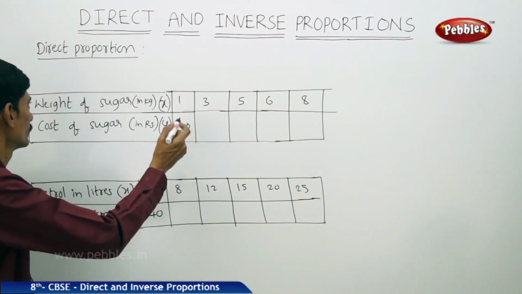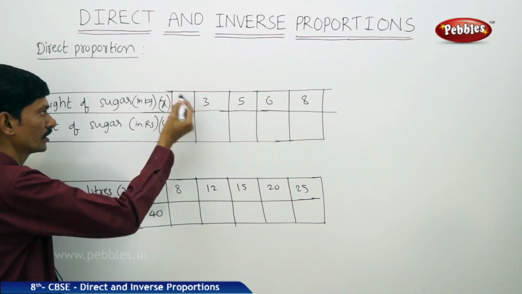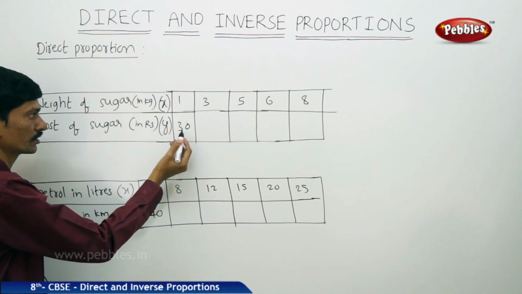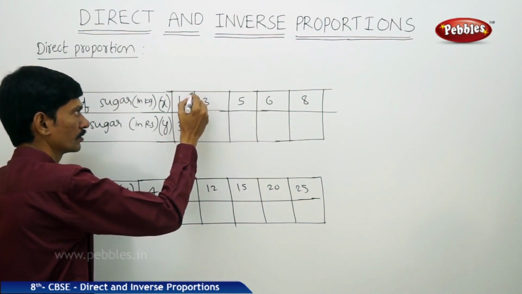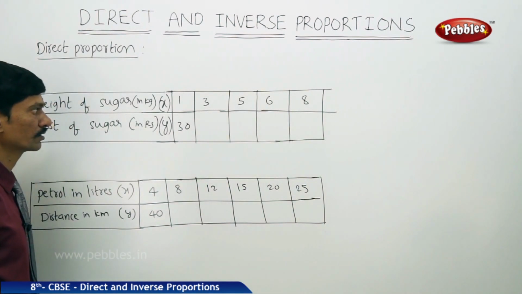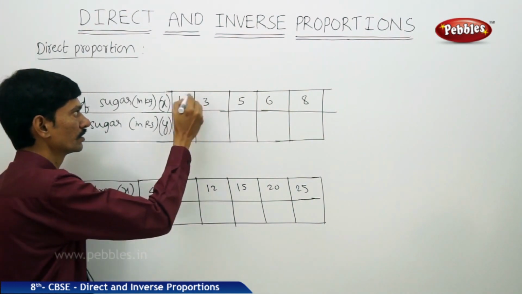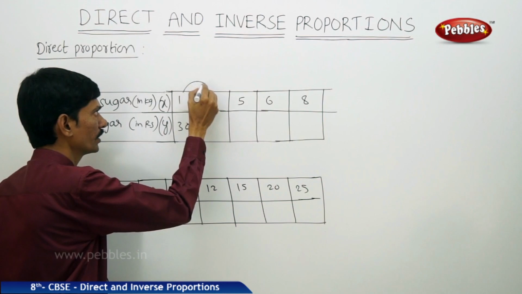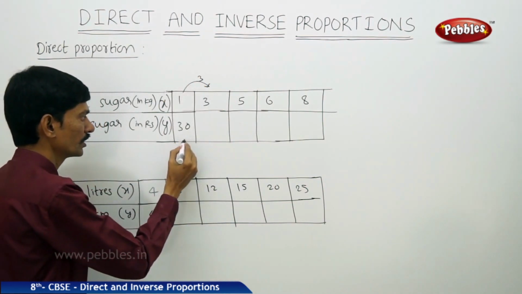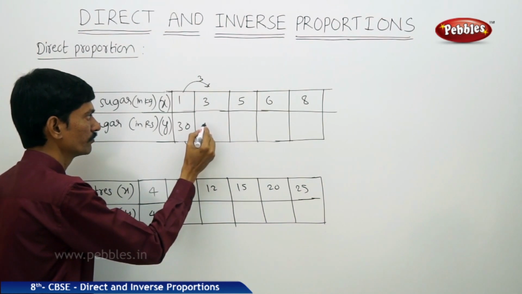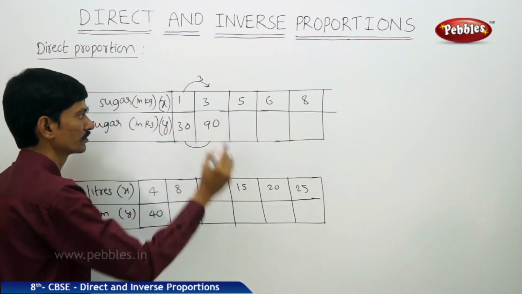Means if the sugar weighs 1 kg, then its cost is 30 rupees. So if you take 3 kgs of sugar, then what is the cost of sugar? See here, 1 is multiplied by 3, then 30 also multiplied by 3, then we get 90 rupees.